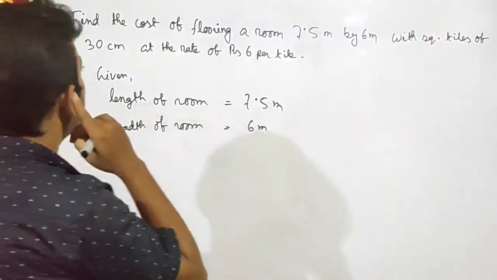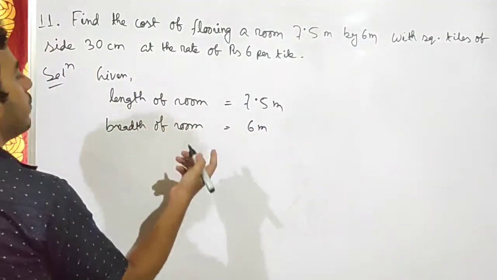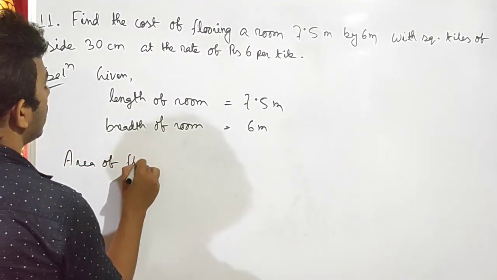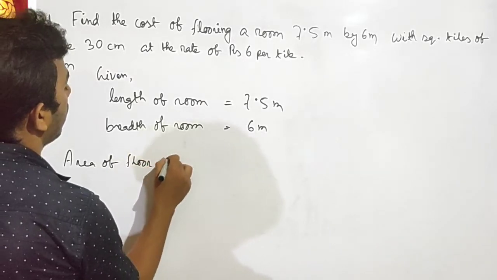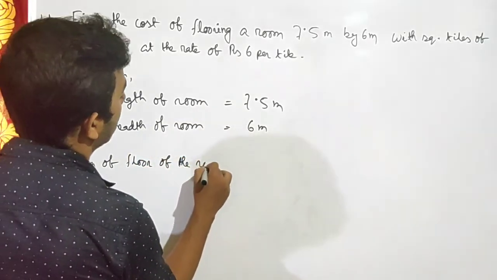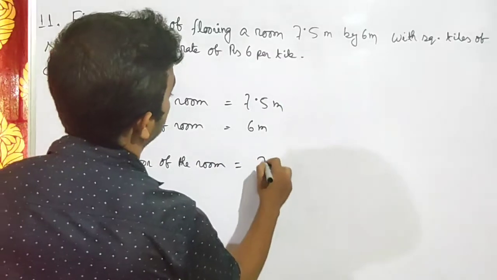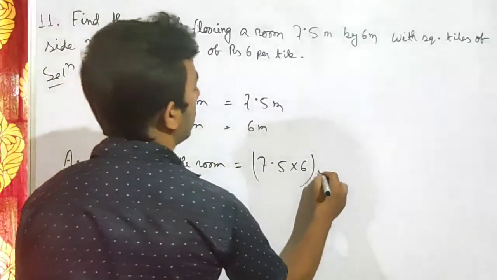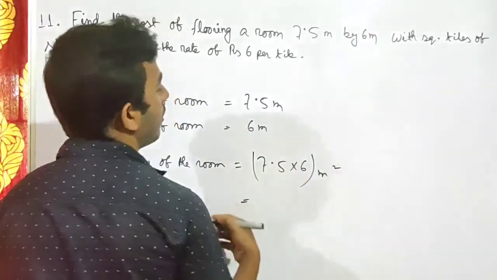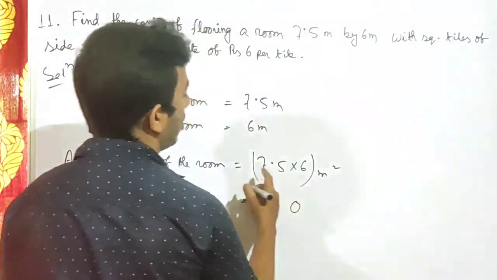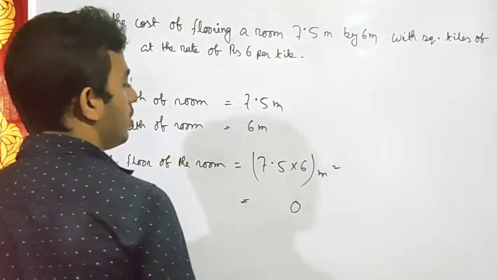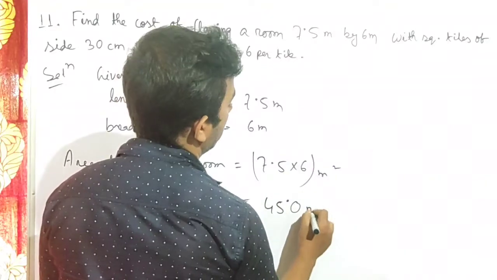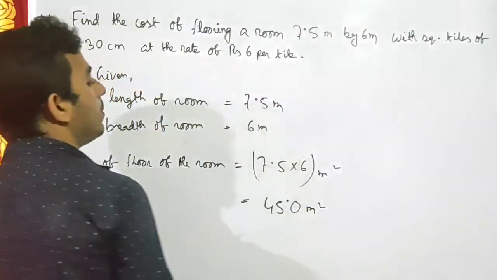Now we have to find out the area of the floor of the room, which equals 7.5 into 6, meter square. Now 5 into 6 is how much? 30, carry 3. 6 into 7, 42. 42 plus 3 is 45. So the area of the floor is 45 meter square.